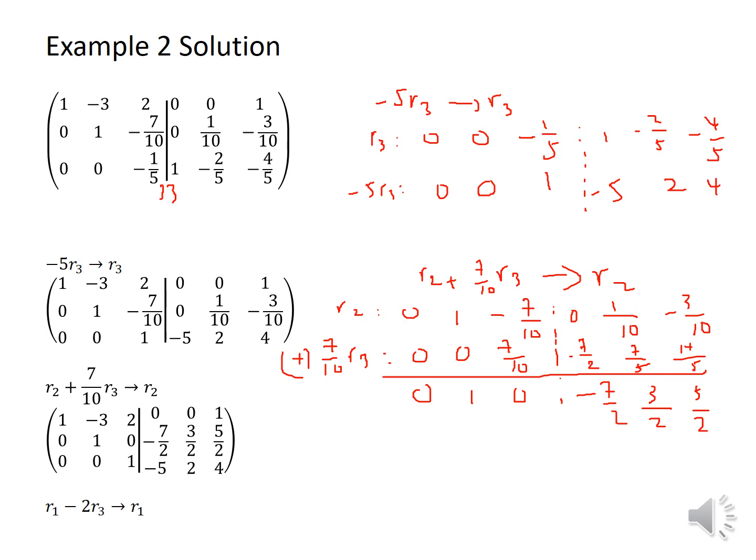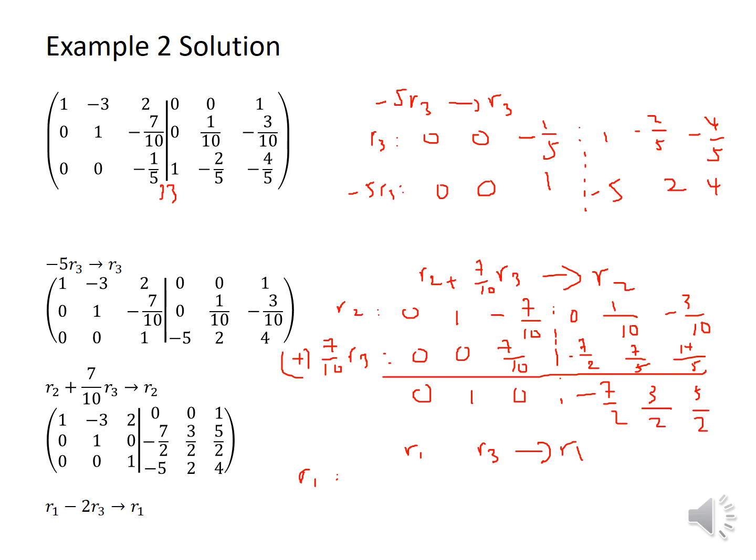And the next element will be 2. So the coordinate of these two is first row, third column. So you write R1, R3. Replace into R1. And the working still the same.